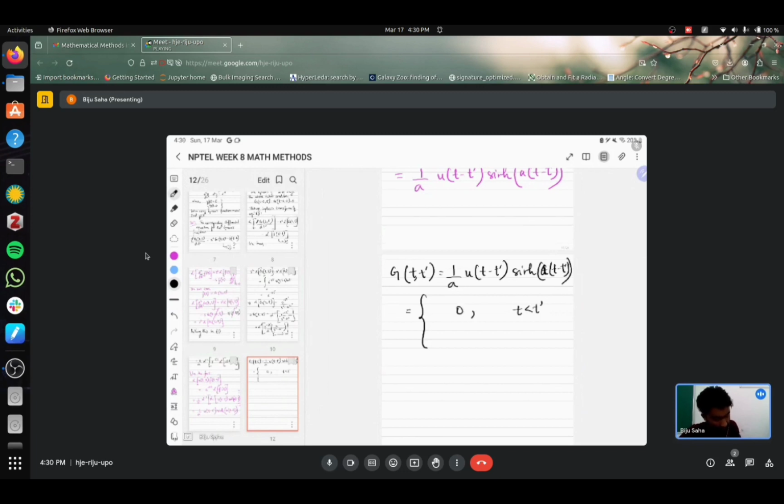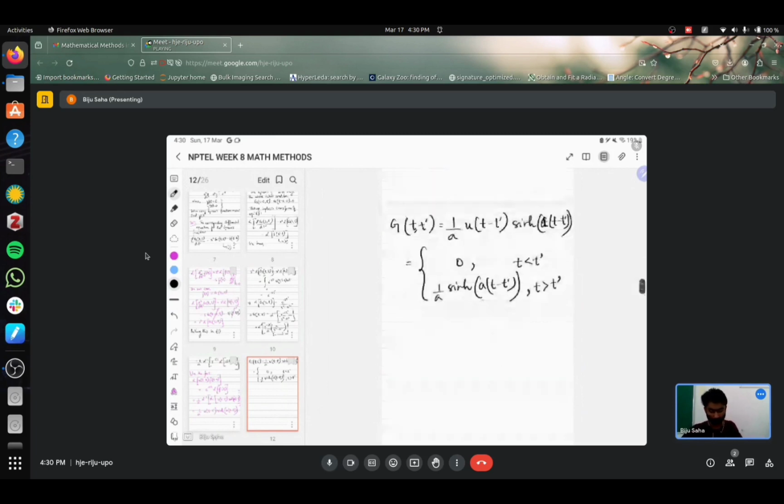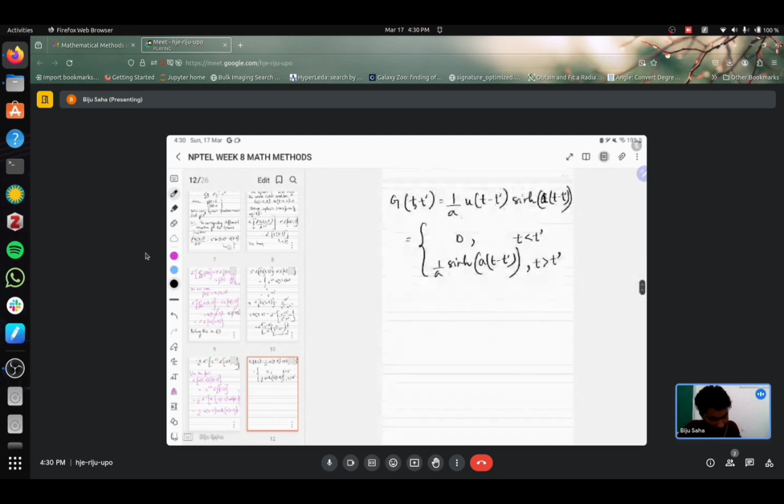Using the definition of the unit step function, I can write this as follows. So now we use the fact to obtain the original function. So we have obtained the Green's function.